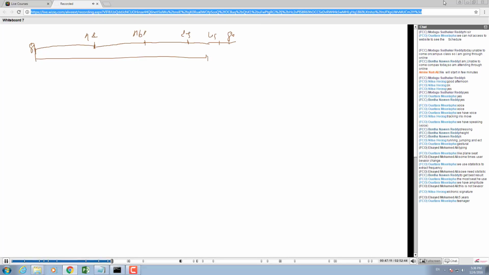So if you analyze people using the keyboard, can you tell me what we can ask them to do to analyze the signal? To write the text.